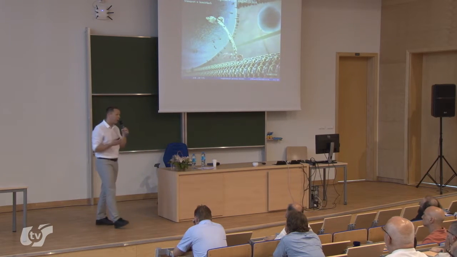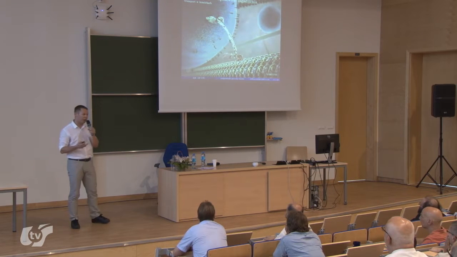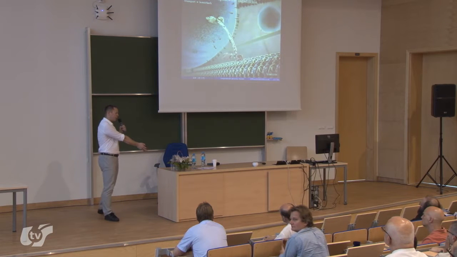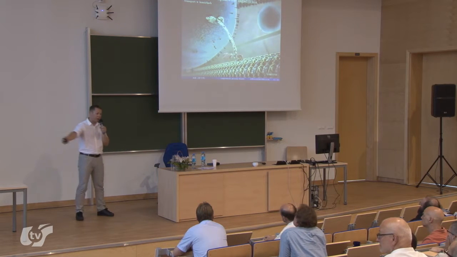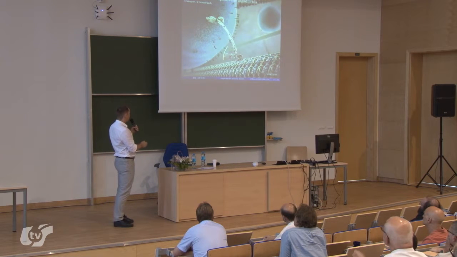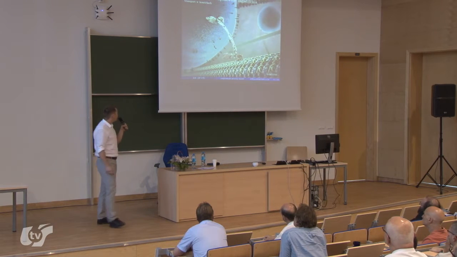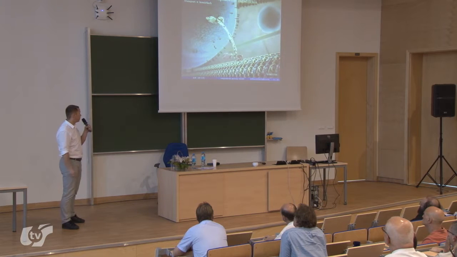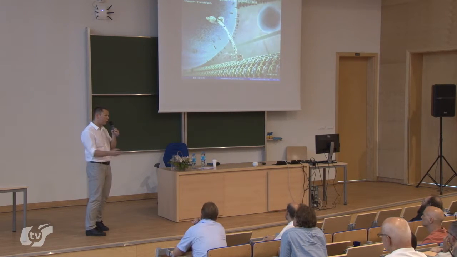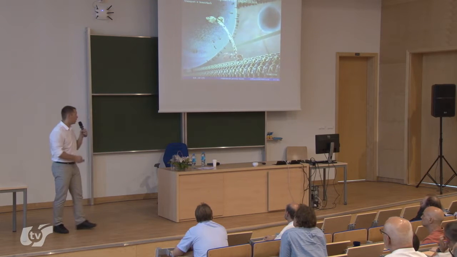And that's how active transport in a biological cell takes place. If you want to take a cargo from one part of the cell and transport it to the other part of the cell, you have to use one of those motors. This is kinesin. This is one of several different biological motors that move cargos inside the cell.